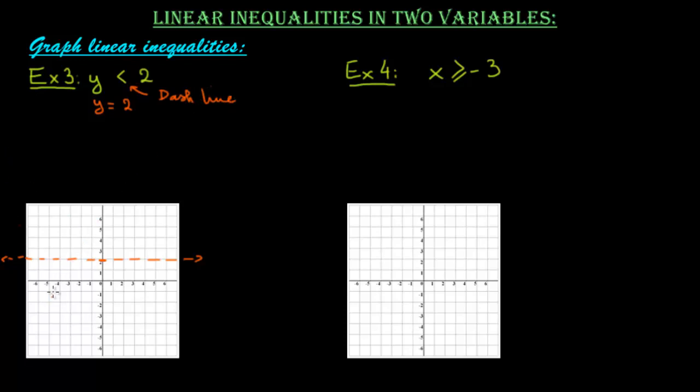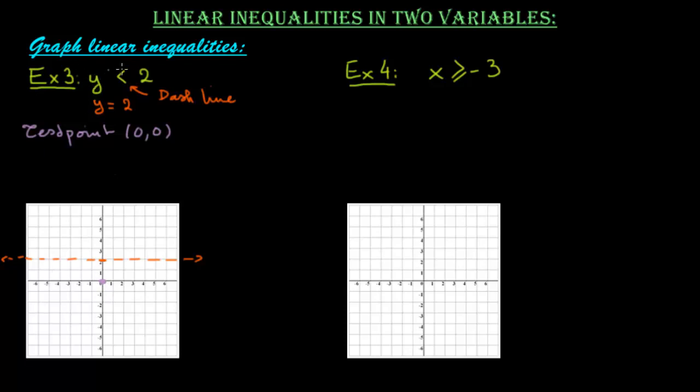Okay, so the next step is, where should we shade? Above the line or below the line? As we see, y less than 2 is down here, but if you don't see it, you can still use the test point. So let's say test point, as we always use the point 0, 0. So point 0, 0 right here.